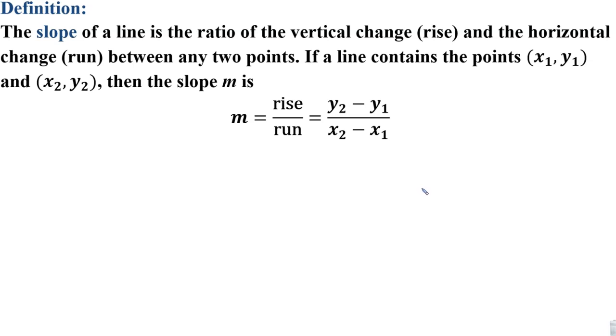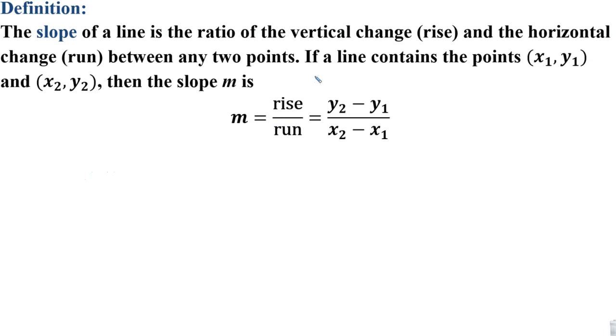We're going to start off with finding the slope of a line. We'll say the slope of a line is the ratio of the vertical change, the rise, to the horizontal change, the run. So basically, the slope of the line is how steep that line is.